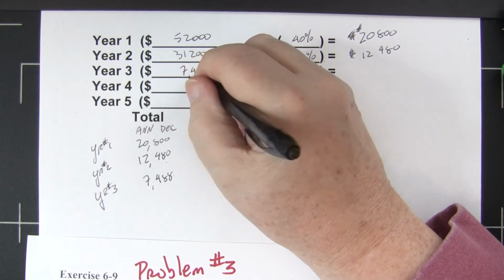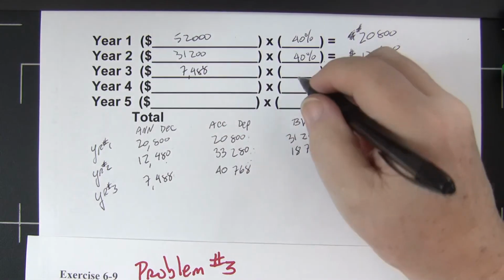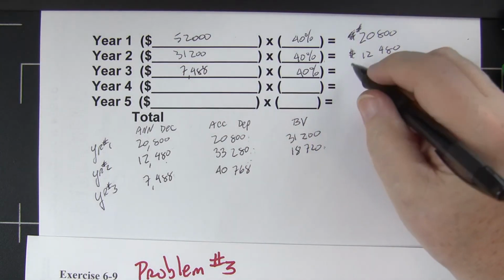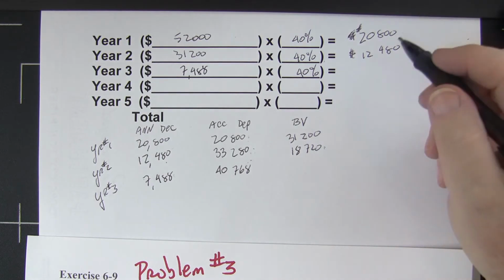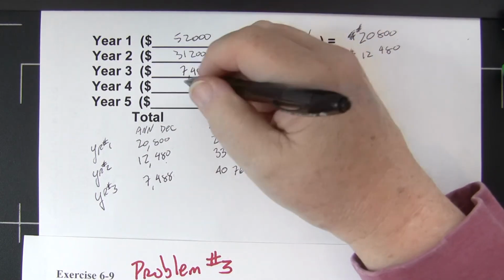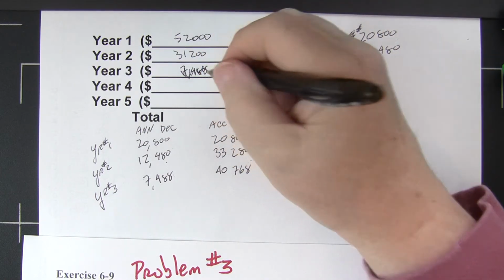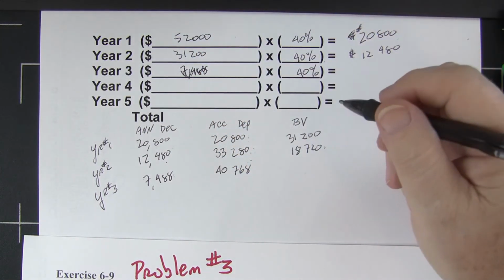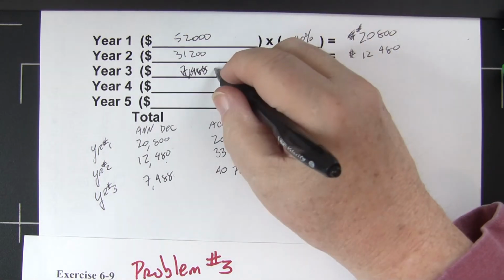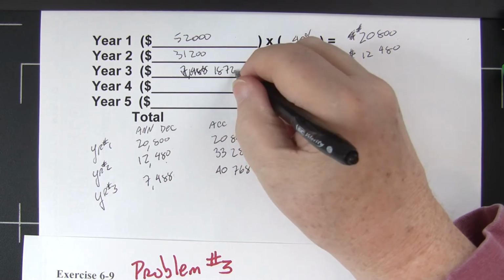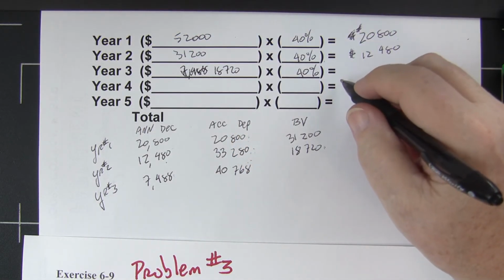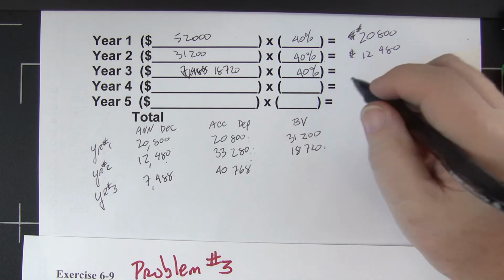Just going back to, I'm sorry, please forgive me for being a moron. My book value at this point coming into year 3 is 18,720, and 40% of that gives me the 7,488.